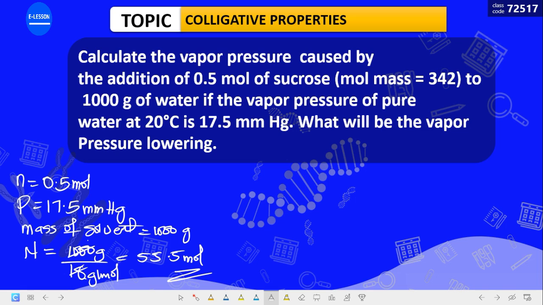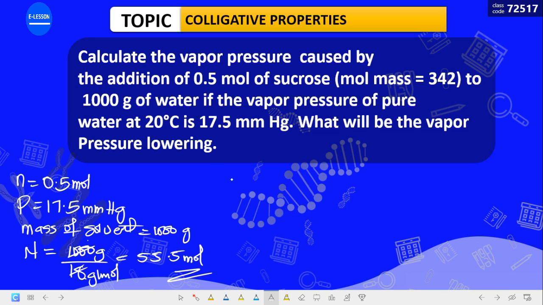Now, the question says, calculate the vapor pressure caused by the addition, and then later, what will be the vapor pressure lowering? Before we are able to calculate the vapor pressure, we should calculate the vapor pressure lowering. Let's make it easier by first calculating the vapor pressure lowering. From there, we'll be able to calculate the vapor pressure.